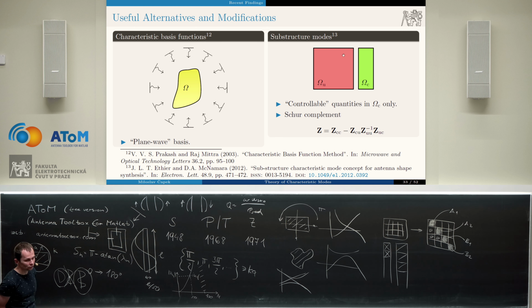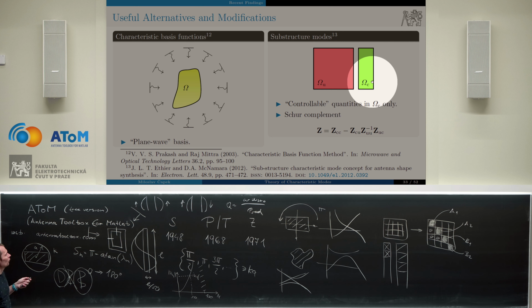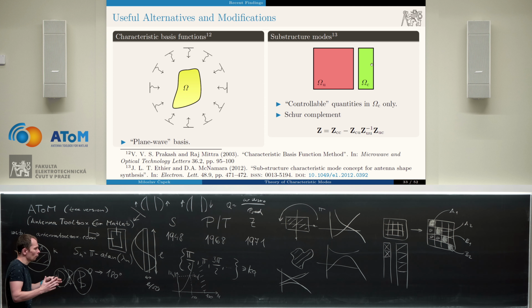And only the green part will be excited with feeders inside. And then you can employ a Schur complement and reduce your original impedance matrix into a matrix Z, whose rank is equivalent only to the number of degrees of freedom within the green region. So once again, you can compress the problem a lot. This is useful for problems where you have some parasitic ground plane and so on.